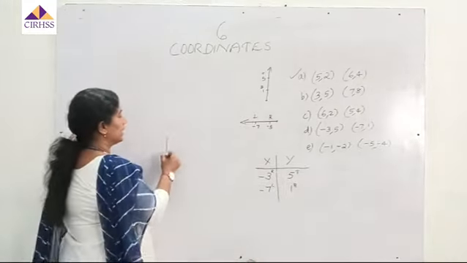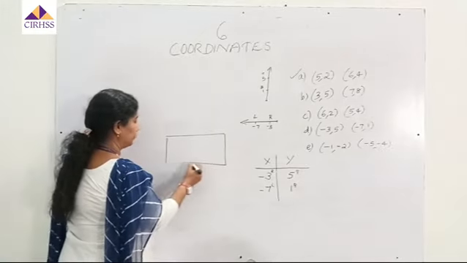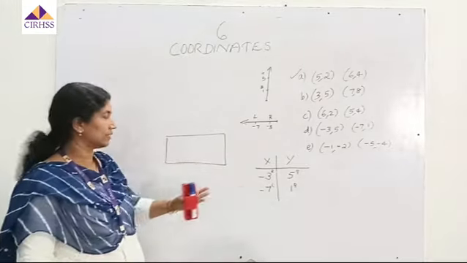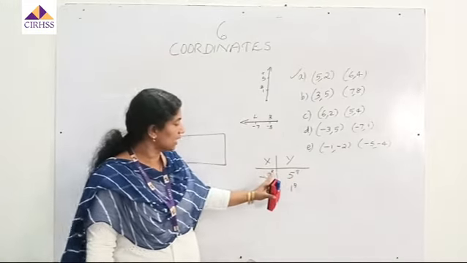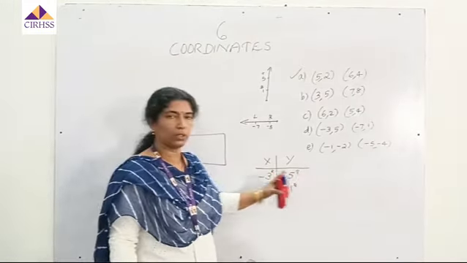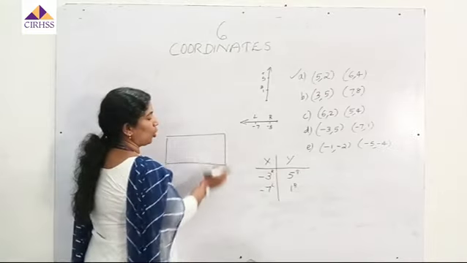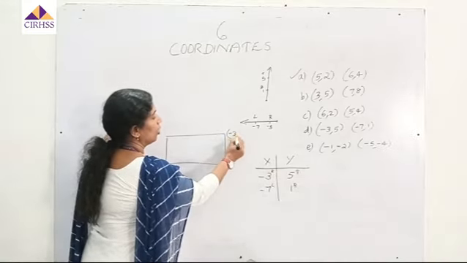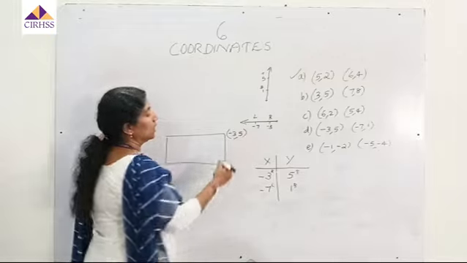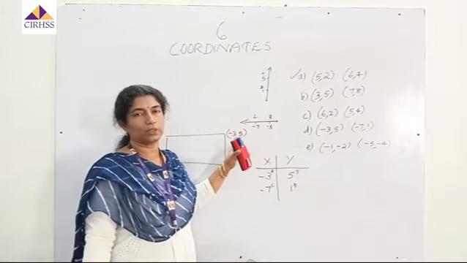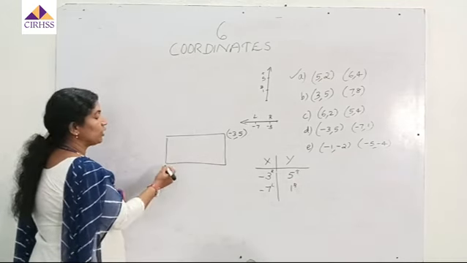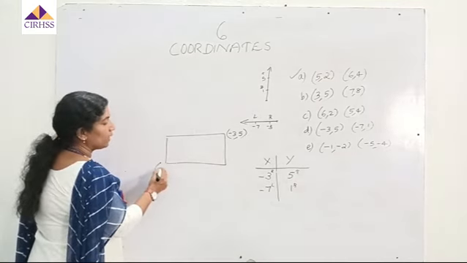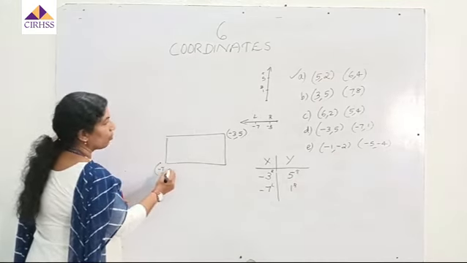Next, consider a rectangle. Consider a rectangle with minus 3, 5. That is right top. Right side top. Minus 3, 5. Next, we know that left bottom is minus 7, 1.